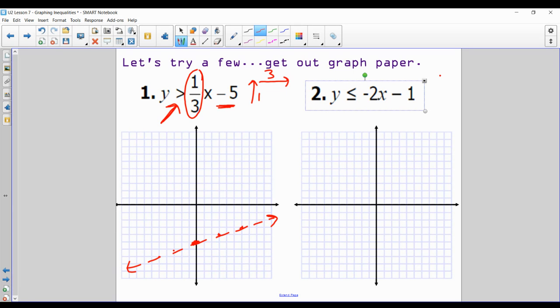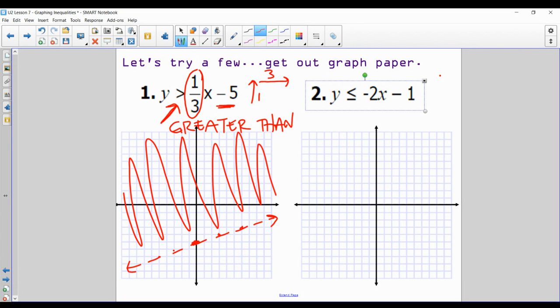And I also have to look at that symbol and understand that it says greater than. So I want all the y values that are greater than, or bigger or more than, that line. So all the y values that are bigger are going to be above. So I'm going to shade above the line.